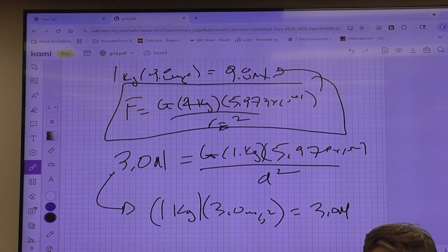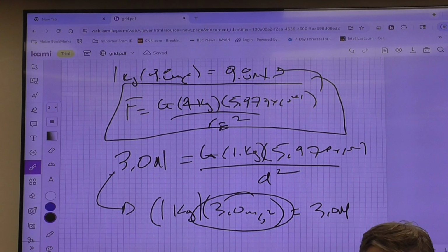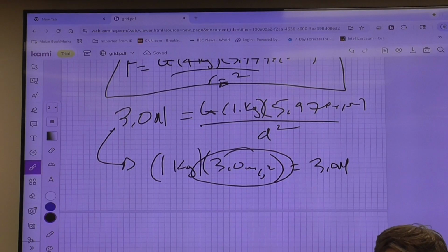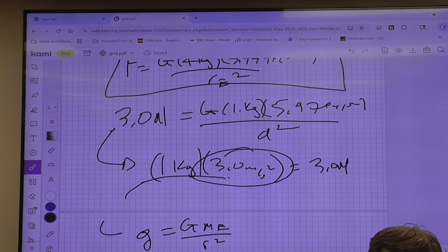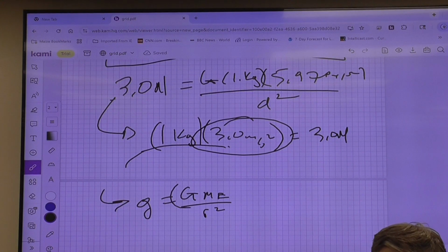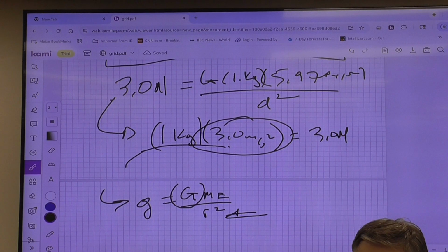So, knowing that this has to be 3 meters per second squared, then you could go to little g equals big G, mass of the Earth over r squared. Now you want this little g to be 3 meters per second squared. You know big G, you know the mass of the Earth, solve for the radius.